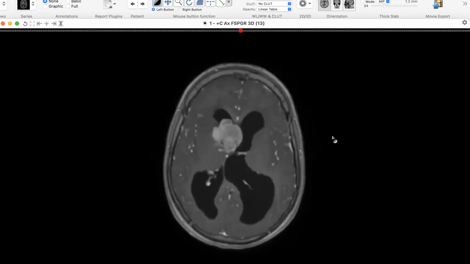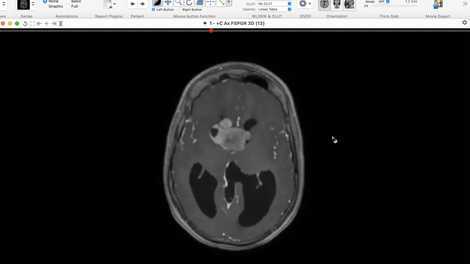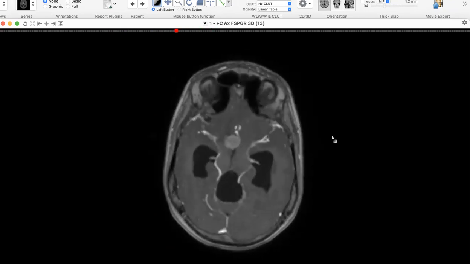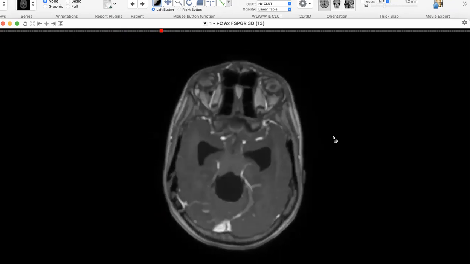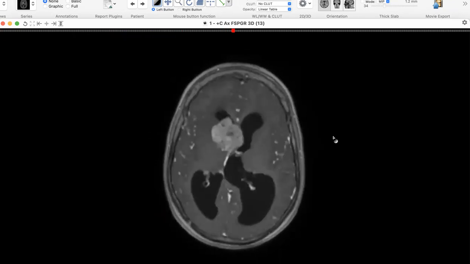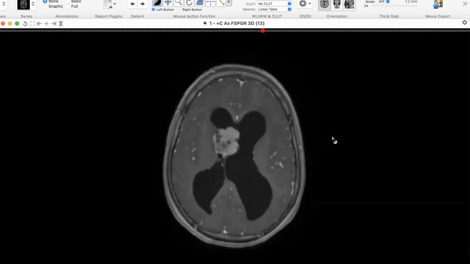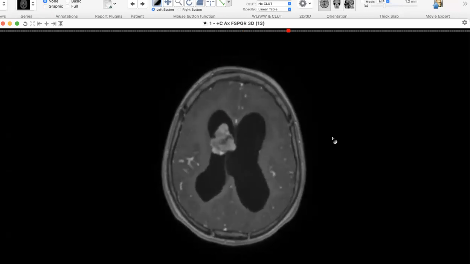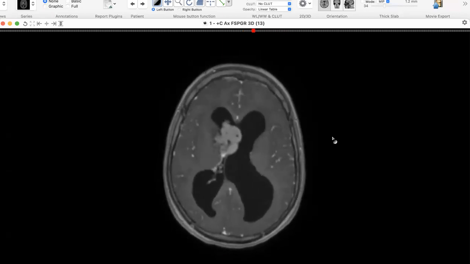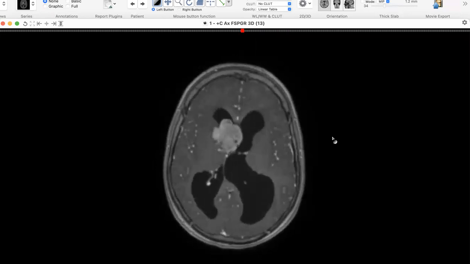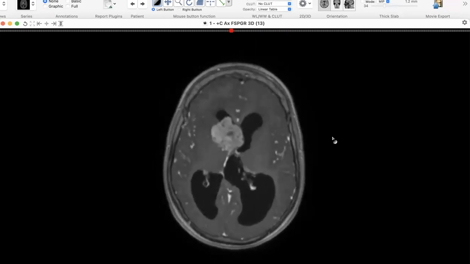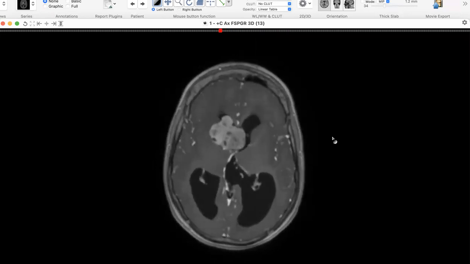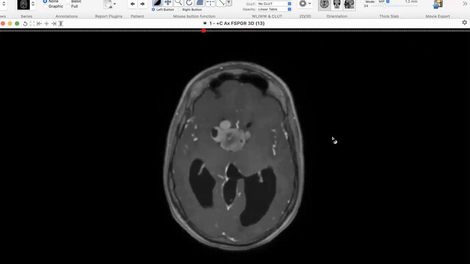So in this young age, I would consider a choroid plexus lesion, choroid plexus carcinoma. Other diagnostic possibilities would be intraventricular ependymoma, but the choroid plexus lesion will be more likely because of the associated hydrocephalus, because of the overproduction of the CSF.